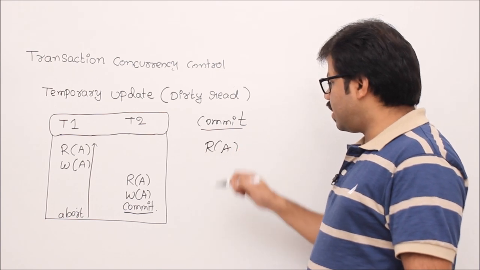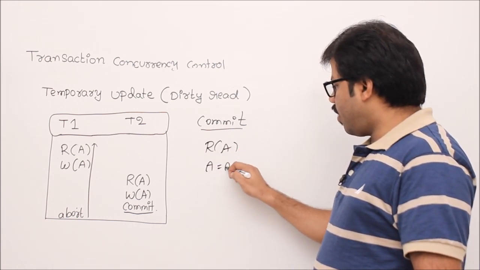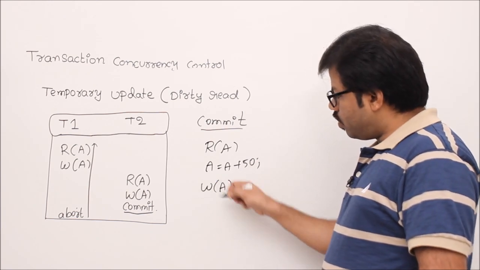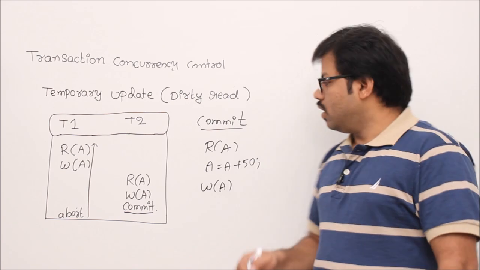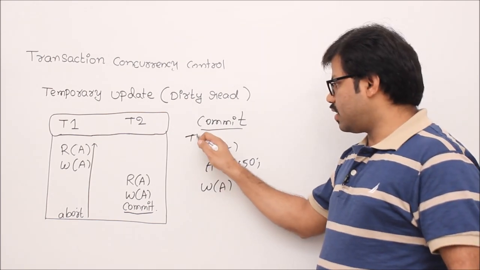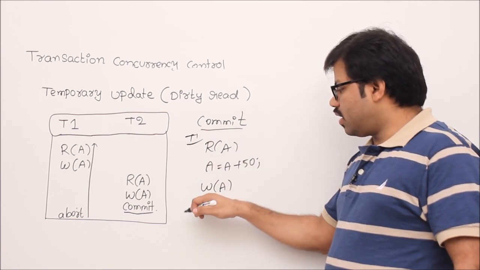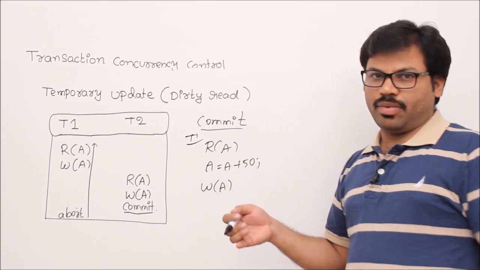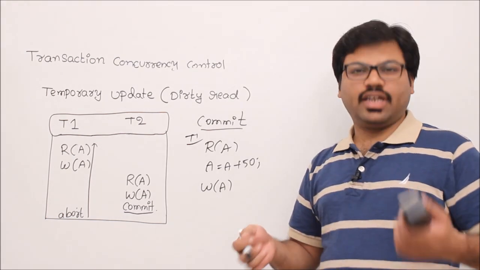Example, let's take this transaction: reading A, after that incrementing A by 50, after that updating it to that value, a permanent value. Sometimes there will be two perceptions whenever a person writes a transaction. One is he wants to make it permanent, otherwise he wants to make it temporary.